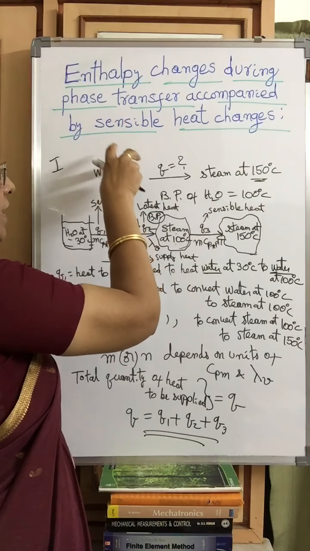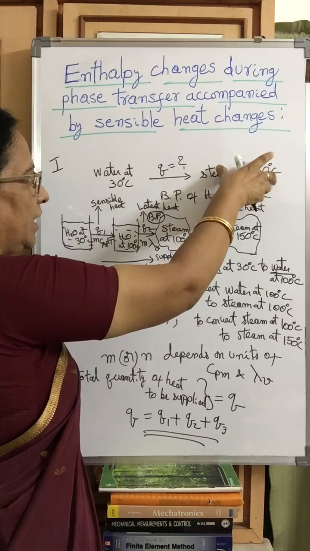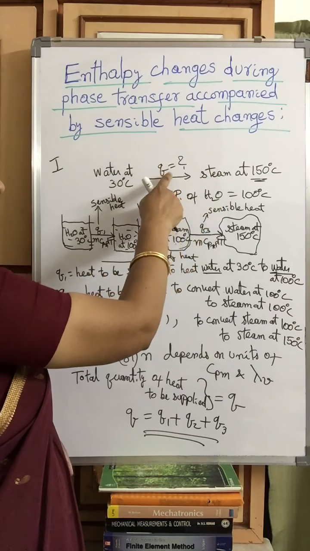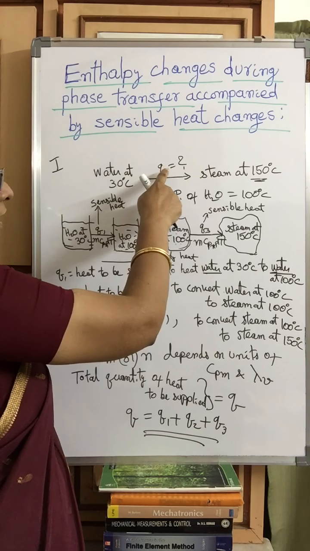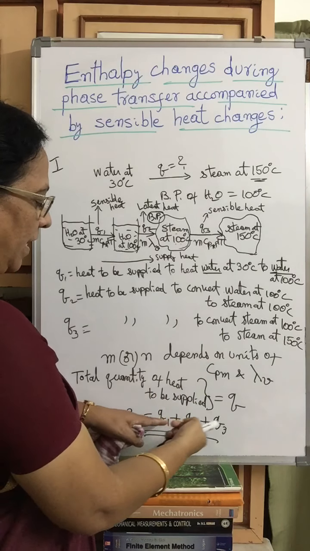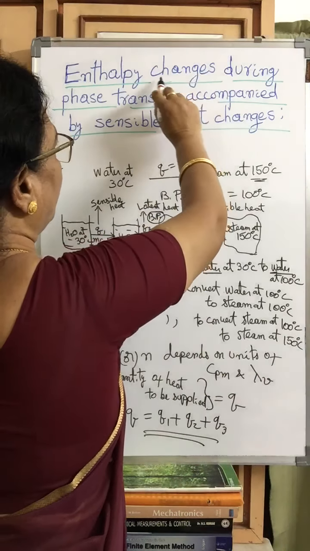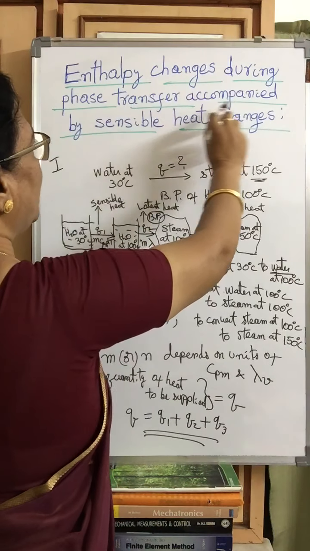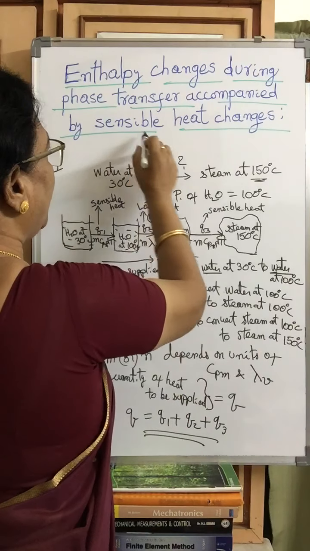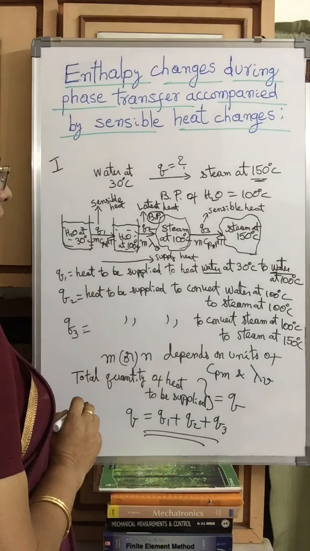That means the heat content here in this stage, heat content here, the difference of the heat content is nothing but enthalpy change Q. Okay, that is calculated in 3 stages, and finally we are adding all the 3 parts. That is what enthalpy changes during phase transfer. This is phase transfer here, accompanied by sensible heat changes. Here sensible heat changes.